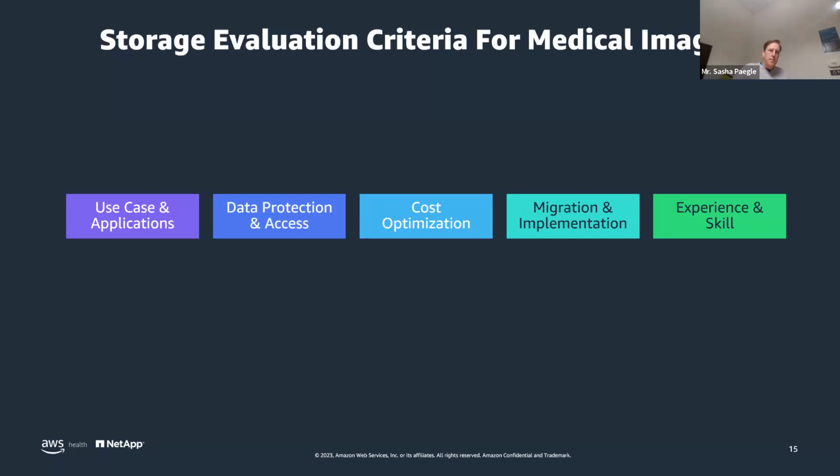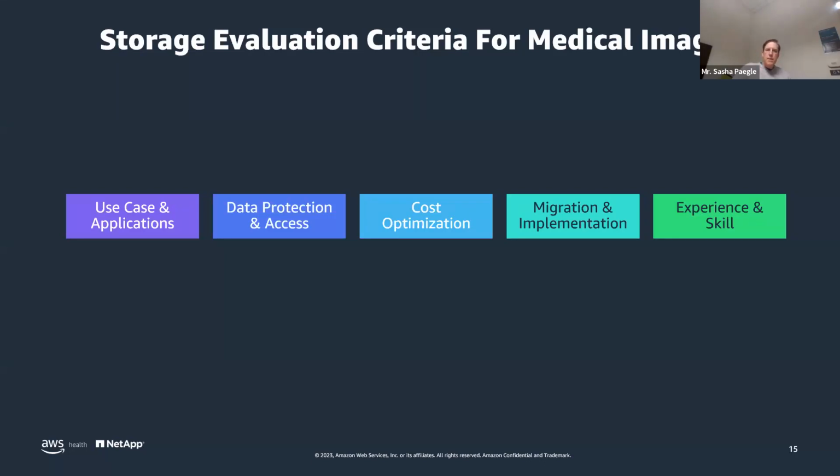What mechanisms are available to you to protect that data? Kim mentioned this concept of a third copy or a golden copy, especially for ransomware purposes. The third pillar to look at is what capabilities are available to optimize the cost to store a collection of images or a study.